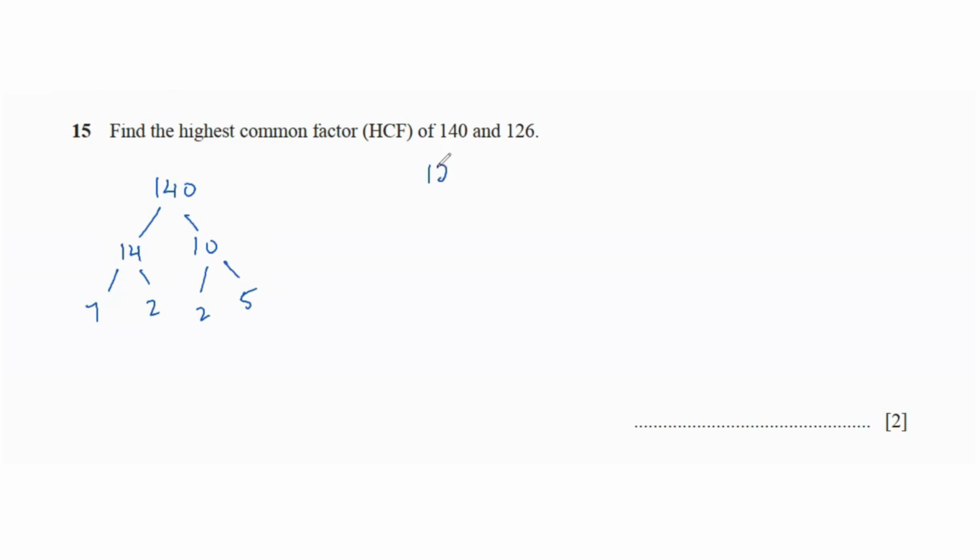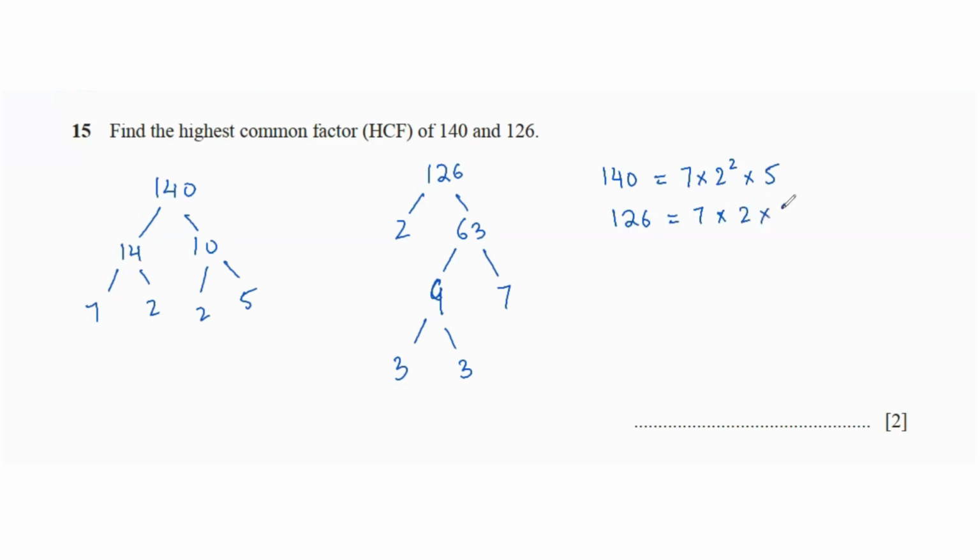And if we factorize 126, 126 divided by 2 is 63. 63 is 9 times 7, and 9 is 3 times 3. So 140 is equal to 7 times 2 squared times 5, and 126 is 7 times 2 times 3 squared. So your highest common factor is 7 times 2, which is 14.